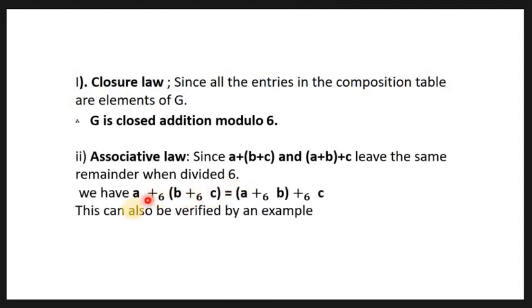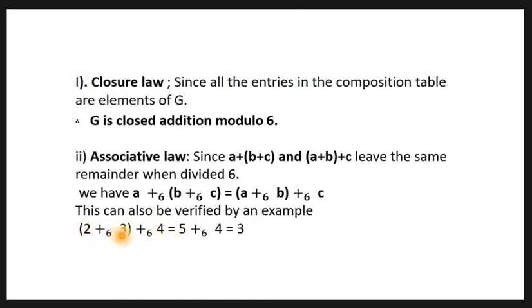We have a plus mod 6 of (b plus mod 6 c) is equal to (a plus mod 6 b) plus mod 6 c. This can be verified by an example. So let us take an example and verify this one. 2 plus mod 6 (3 plus mod 6 4) is equal to, see, first we are simplifying.